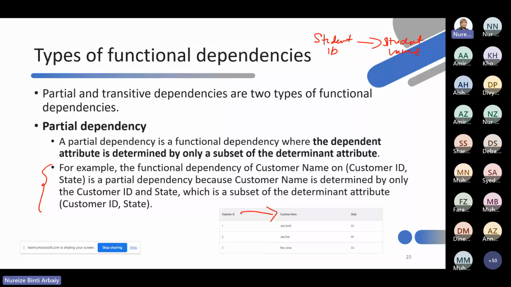In this example, you can see that they use two keys to identify the state. That is, customer ID and state are used to identify the customer name.